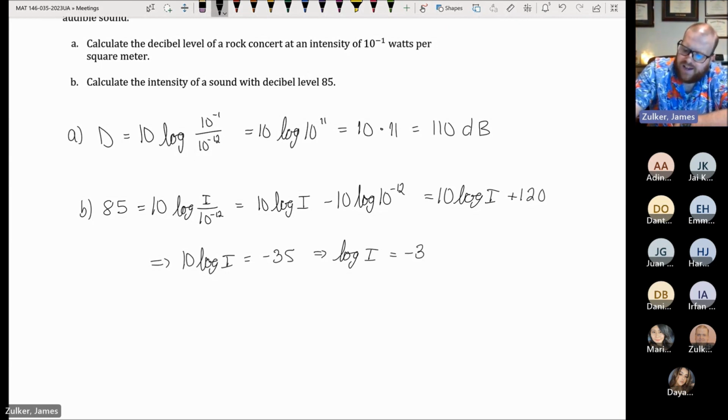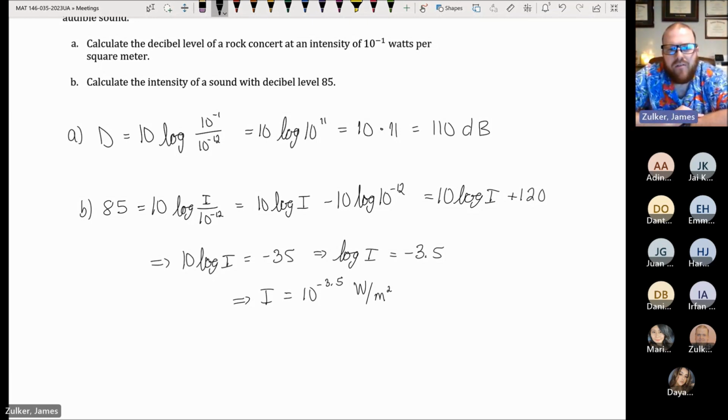So that makes log I negative 3.5, right? Divide by 10. That makes I 10 to the negative 3.5 watts per square meter.